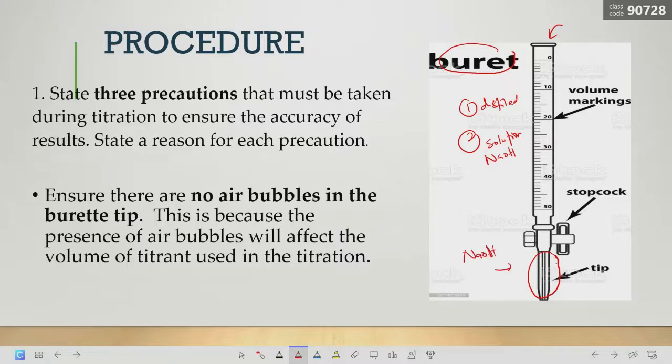Dia jangan bagi ada air bubbles. Kalau ada air bubbles, the precaution dia you kena tap. You kena tap dia banyak kali, 2 kali ke. Then you kena tengok air ni supaya dia tak ada bubbles kat sini. Kalau ada bubbles, dia akan menyebabkan you punya accuracy ni tak tepat.